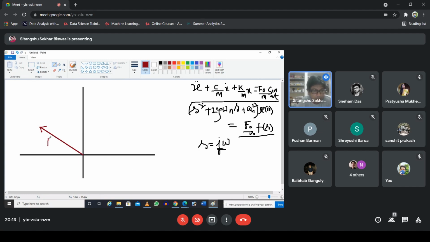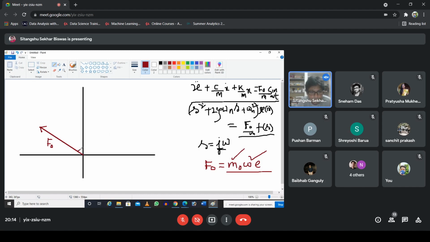That means this is F0. We know what F0 is. Already we learned that F0 is equal to M0 omega square R, meaning the unbalanced mass is M0 and it is situated with an eccentricity e.